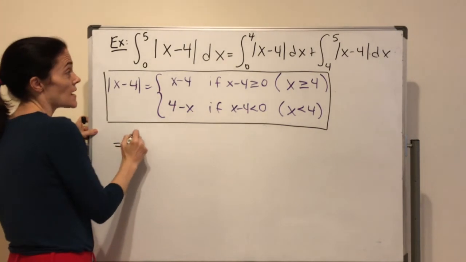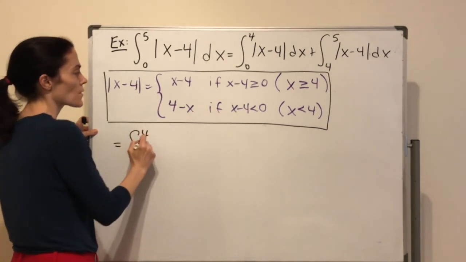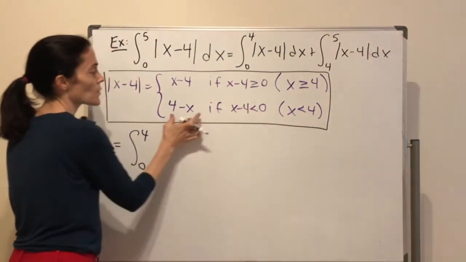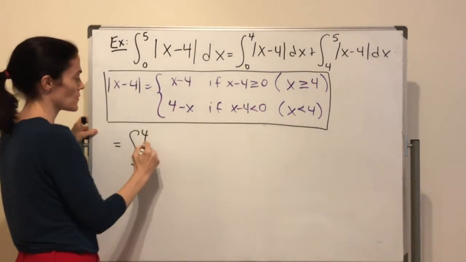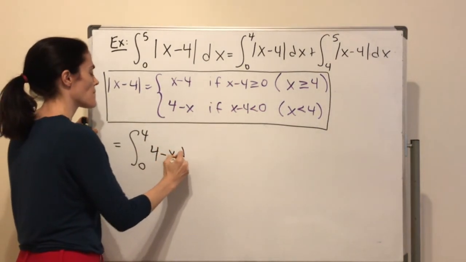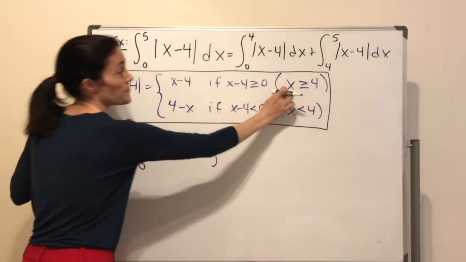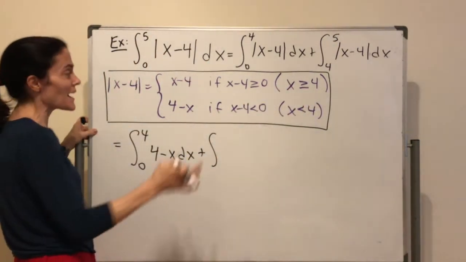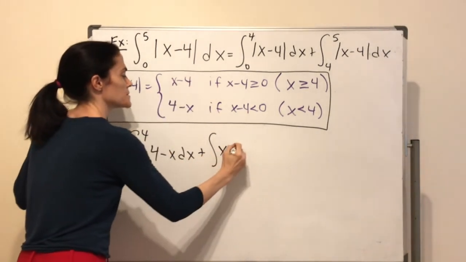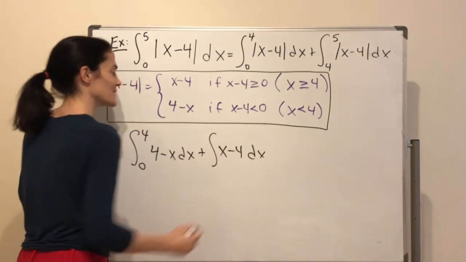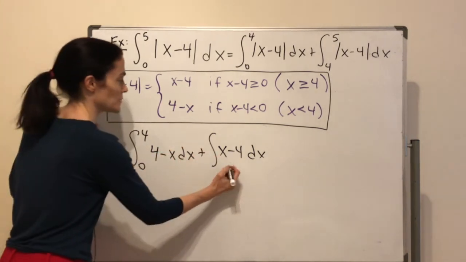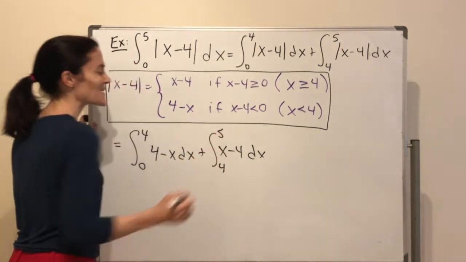We would then have the integral from 0 to 4. Well, when x is less than 4, this is 4 minus x. And then when x is bigger than 4, so between 4 and 5, this is x minus 4. Okay? And now, oh, I didn't put my limits of integration. Sorry about that.